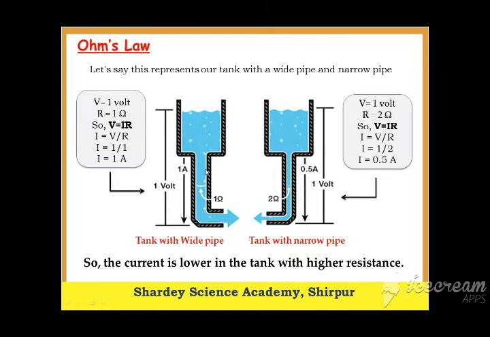Here the value of resistance is only 1 ohm, and in the other diagram the value of resistance is 2 ohm. Comparing these, diagram number 2, the tank with a narrow pipe, has more resistance, and due to that more resistance the value of current is less, and that is the conclusion of Ohm's law.